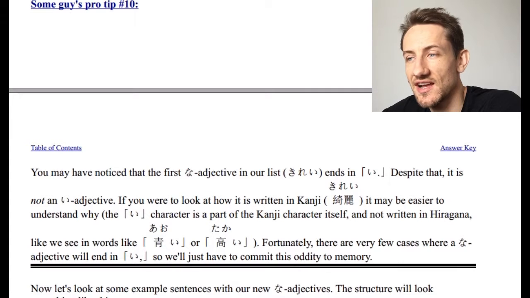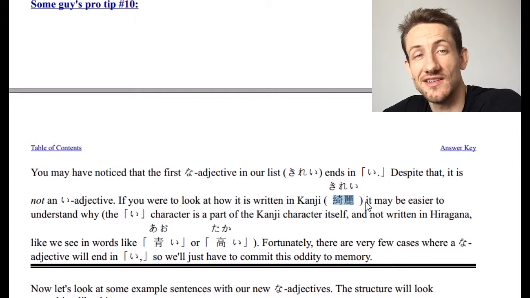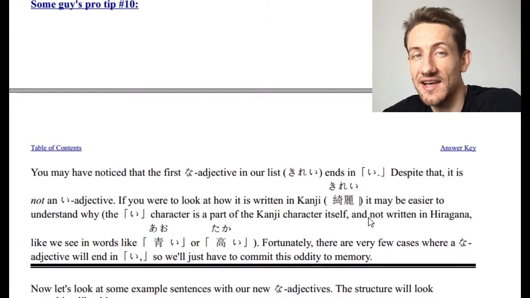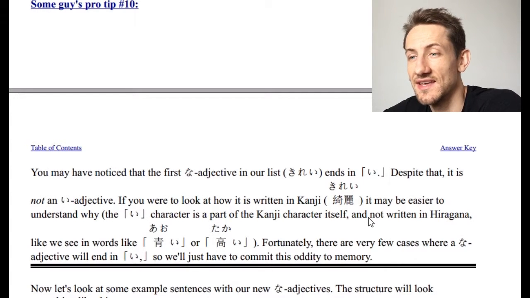You will rarely see kirei written in kanji like this because it's a little difficult to write, and maybe even to read. In hiragana, it ends with the e character, but the kanji form does not end with e.